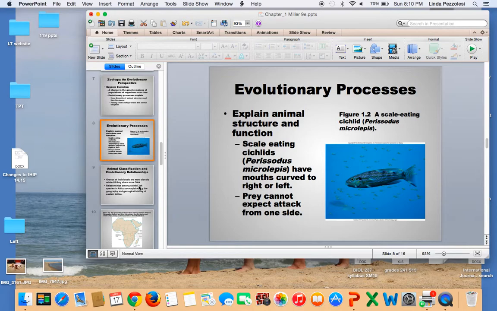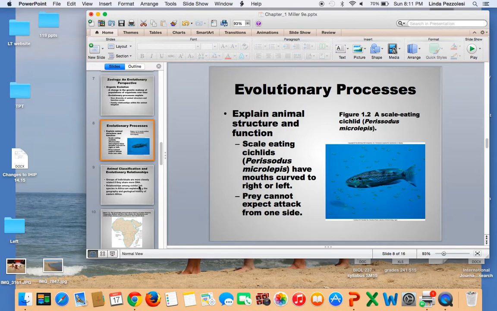Evolutionary processes help us to explain structure and function now, such as there is a group of fish called the cichlids, which is an incredibly diverse group of fish. They are African. This particular species of cichlids have evolved to eat the scales off of other fish, but in order to eat the scales off of a fish, your mouth actually has to be curved to the side so that you can swim up alongside the fish and steal the scales.